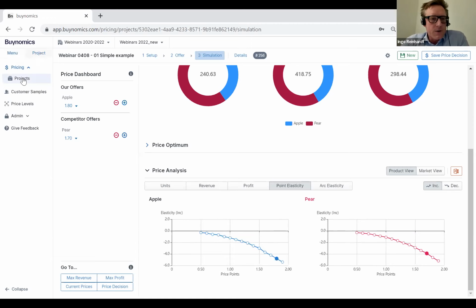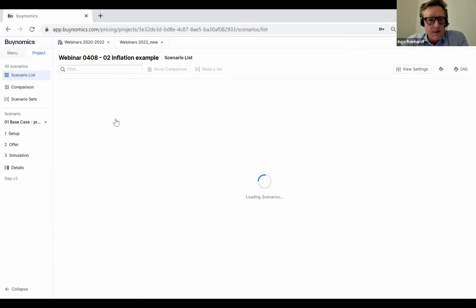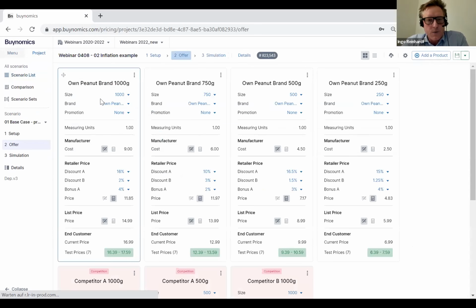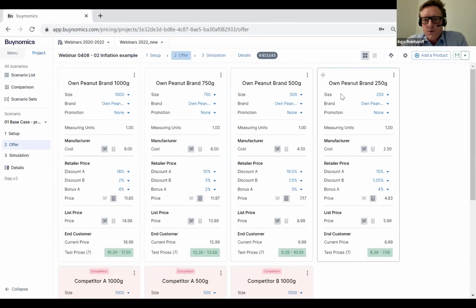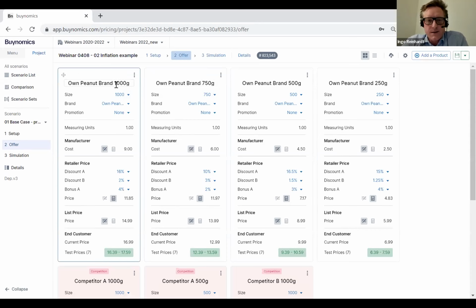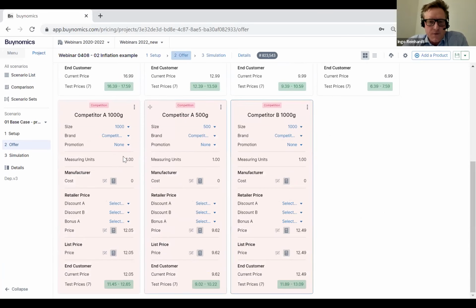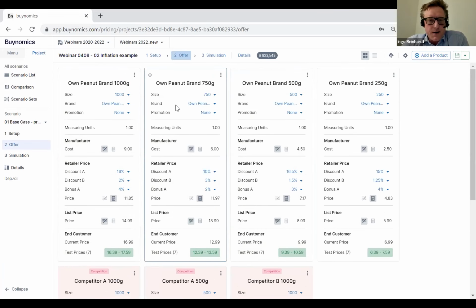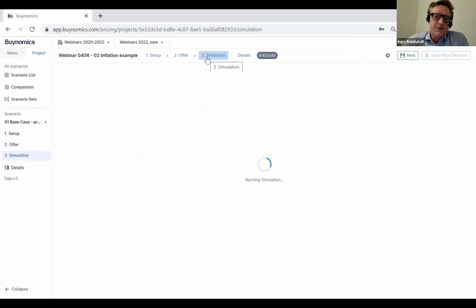And let's say we look at a more realistic case where we have a full portfolio. So we have here 4 products. We're selling peanuts of different sizes from 1,000 grams to 250 grams. And we have 3 competitor products. We are really seeing the same type of effects here.